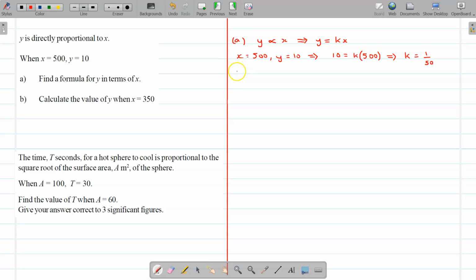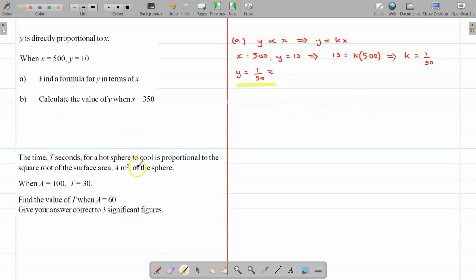So we simply say y equals 1/50th of x. And that's the answer to part A of the question. Okay, y equals 1/50th of x, or y equals x over 50.